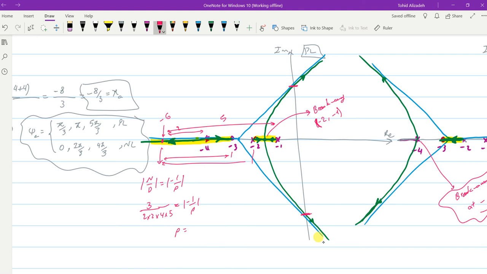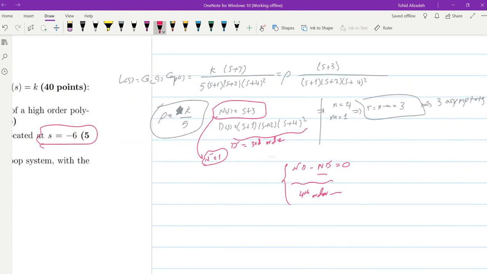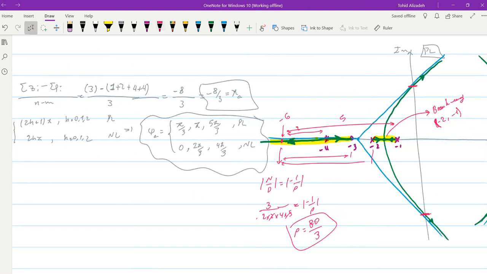and therefore we can find out the exact value for rho. Rho will be equal to 10 times 8, 80 over 3, and we know that rho is a positive value. On the other hand, rho is equal to k over 5, therefore we can find the exact value for k.